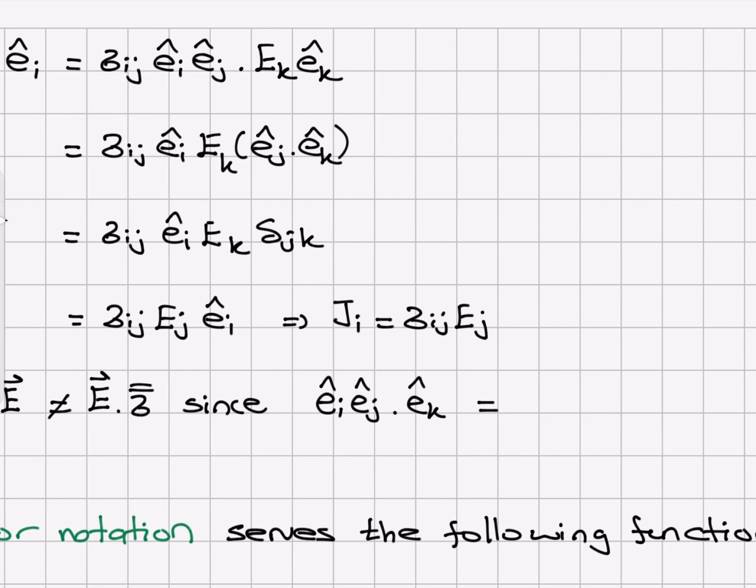Now, is this equal to ek hat dot product with ei hat ej hat? Well, you can see that the first is going to give me Kronecker delta jk ei hat. The second is going to give me Kronecker delta ik ej hat.